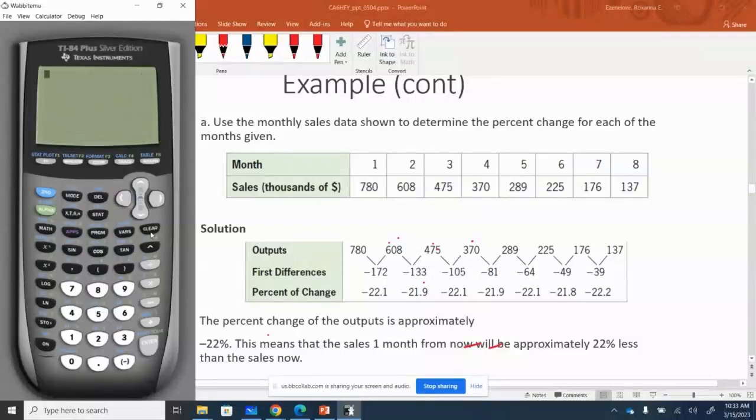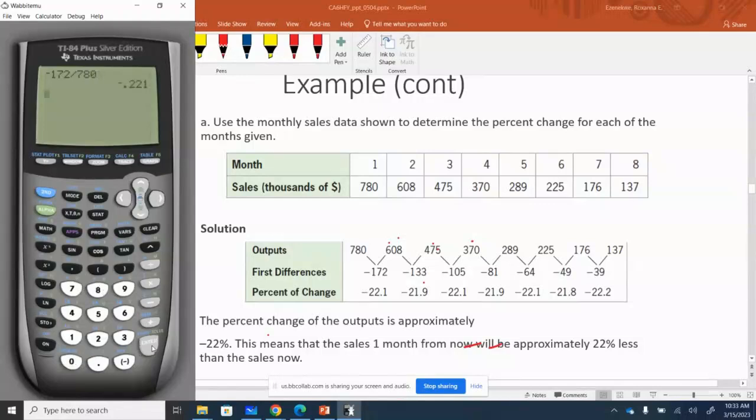So how do I find the percent change after the first difference? What I'm going to do is divide the first difference by the number at the right. That means negative 172 divided by this quantity, 780.